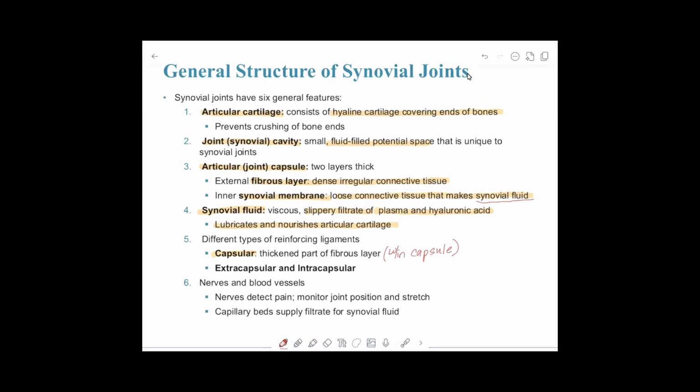Those ligaments outside the capsule are called extracapsular and then the intracapsular ones. Then there's nerves and blood vessels, nerves that detect pain, monitor joint position and stretch, and capillary beds that supply the filtrate with synovial fluid.